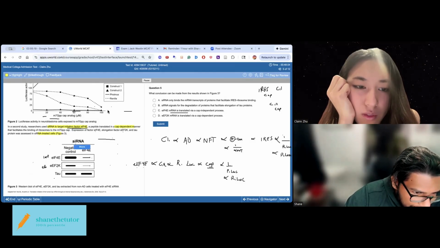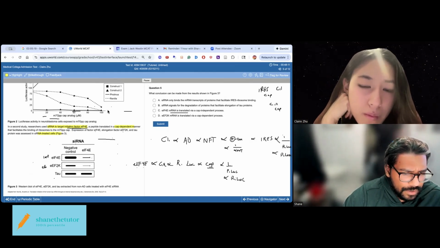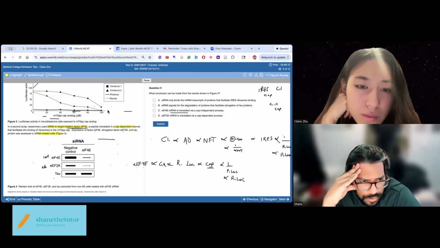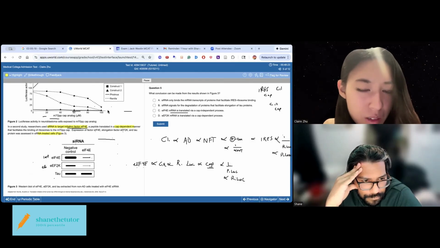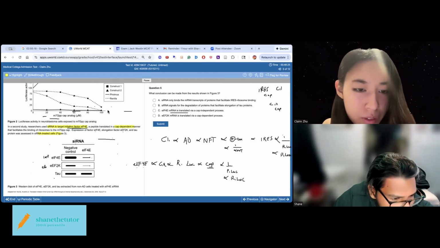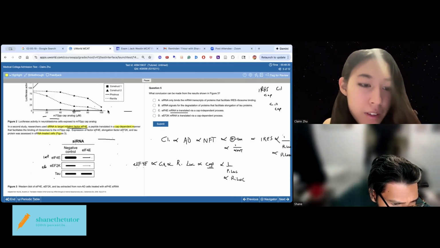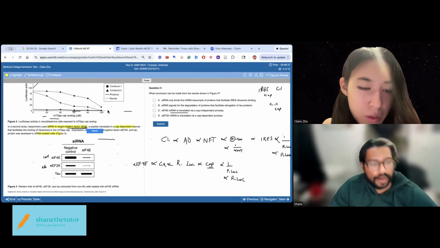I think this is a weird graph or chart, but I'm trying to think, okay, does negative control, okay, so they're all treated with the siRNA. So siRNA would knock out ELF4E. So without ELF4E, EF2K is dependent on ELF4E because it's also not expressed, but then tau seems to still be expressed without.